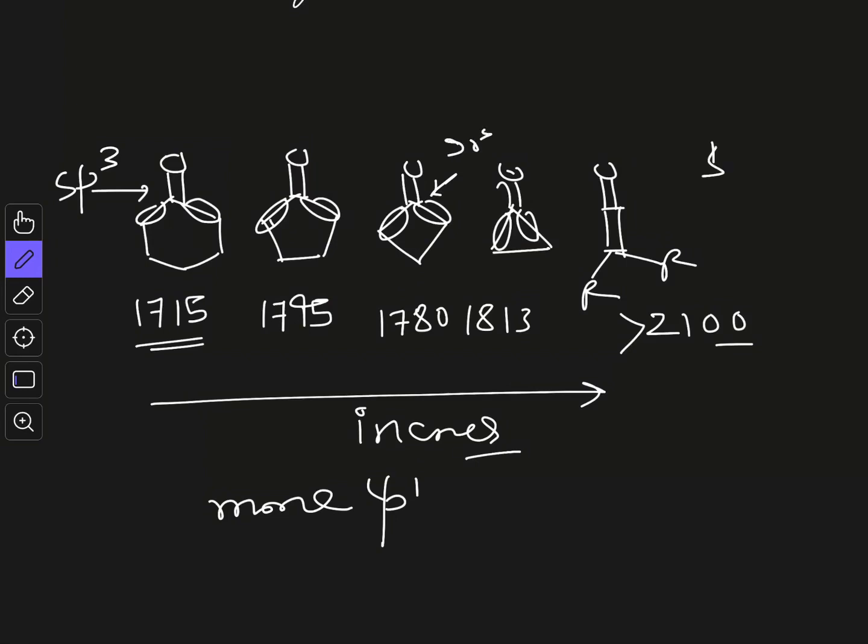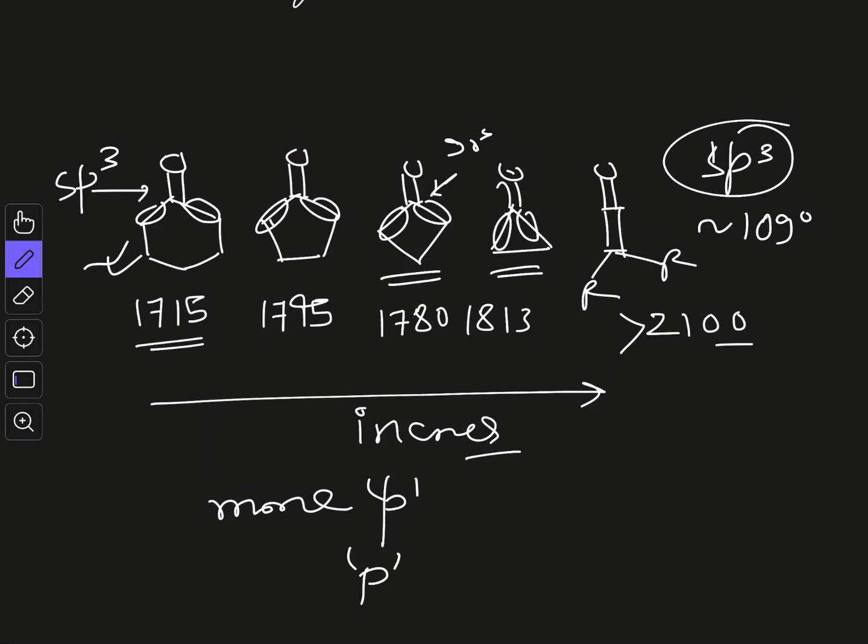With sp3 hybrid we get a bond angle of around 109 degrees, which is there in cyclohexane. But as the ring size decreases, especially in case of cyclobutane or cyclopropane systems, it cannot use pure sp3 because the bond angle is very low. So the most appropriate orbital would be the pure p orbital, right? But again pure p orbital will not be used and there will be some s character.